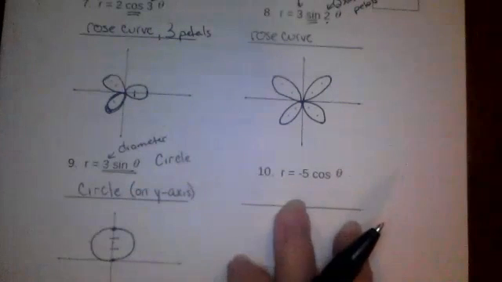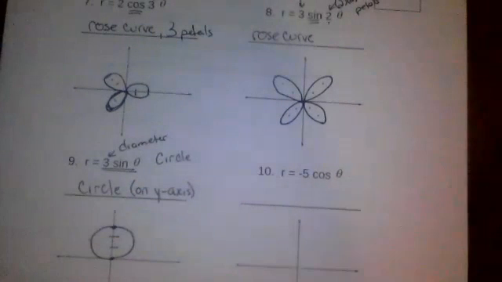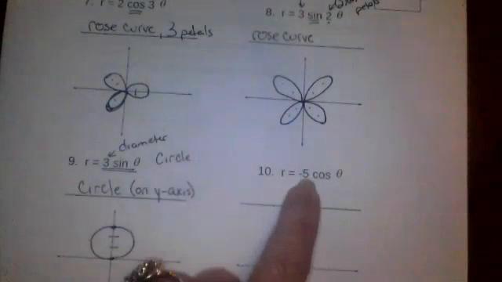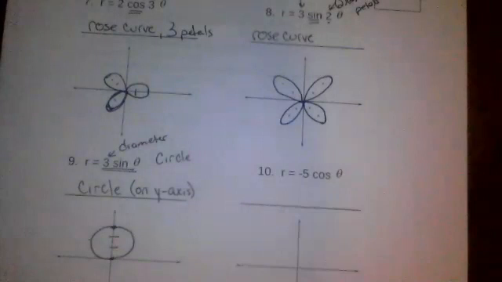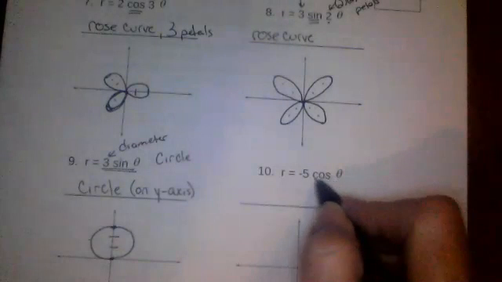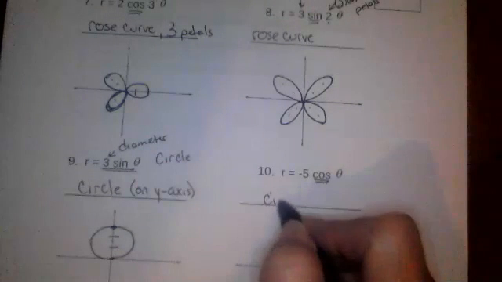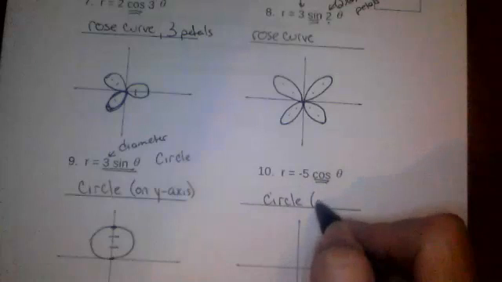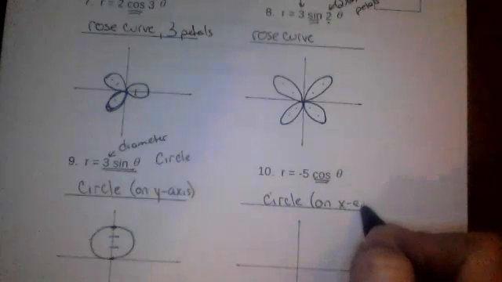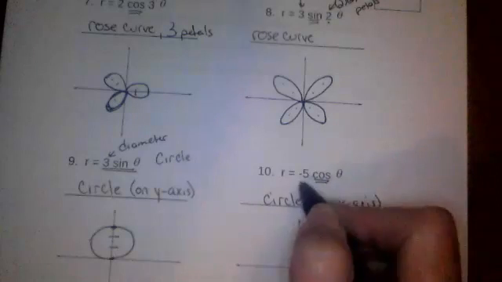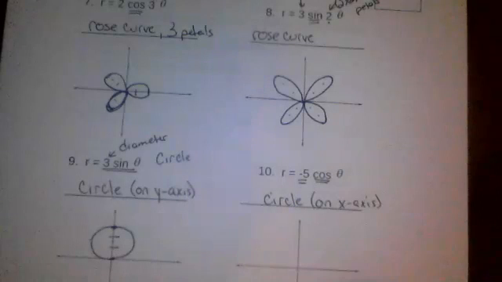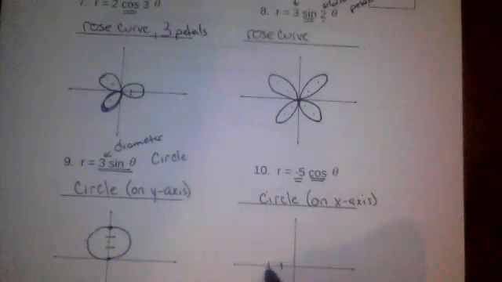The same with this next one. This one doesn't have that number in front. It's not a number of petals. It's just a circle again. This one is a cosine, so this one's going to be a circle on the x-axis. But because it's a negative number, it's going to go to the left. So 1, 2, 3, 4, 5 units to the left.